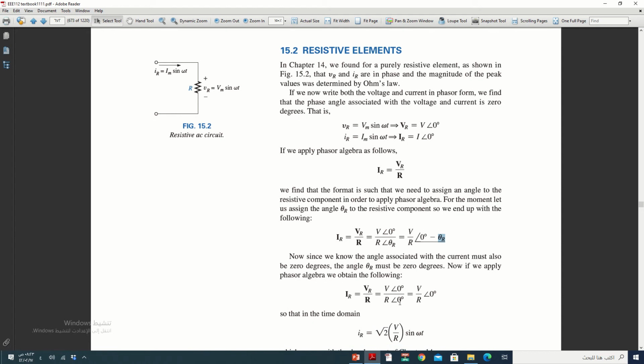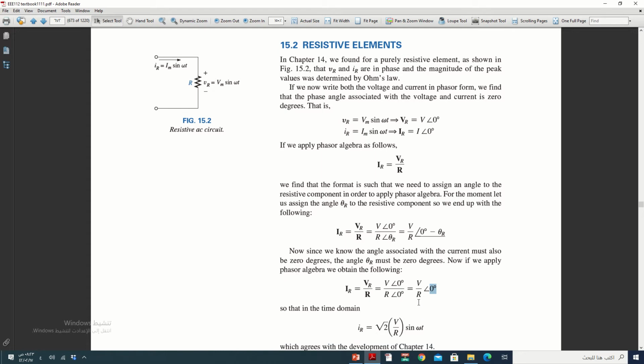This means 0 minus 0 will be 0. And IR will be VRMS divided by R, constant. You will find the value of IR in polar form or phasor form.